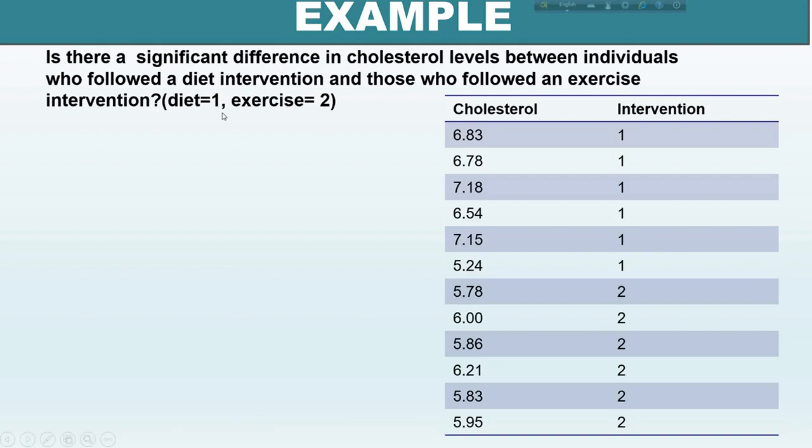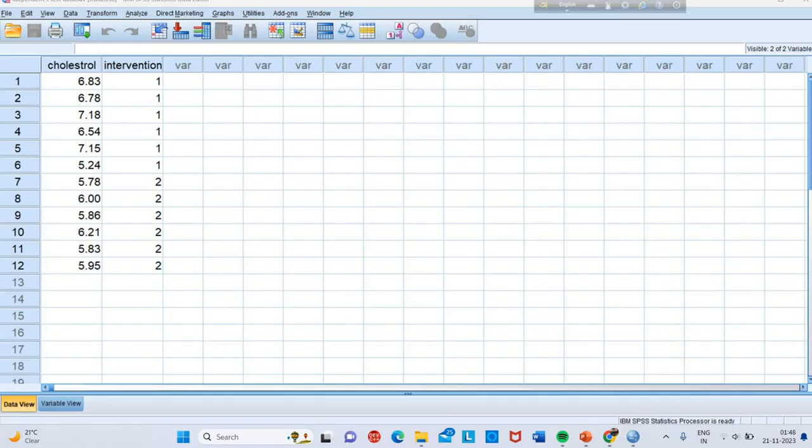So in this example, we put 1 for diet and 2 for exercise, and these are the cholesterol values, and here we have the intervention. 1 for diet, that means this person follows diet and this person follows exercise. So now let's go to SPSS and see what it gives us after the test.